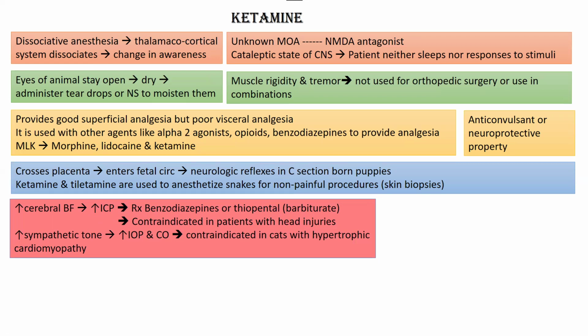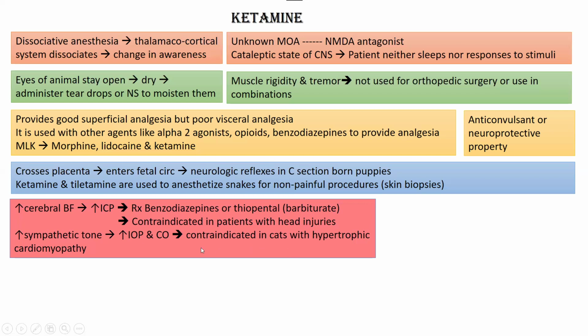Then ketamine also increases the sympathetic tone. That means it increases the intraocular pressure, the pressure in the eye, and cardiac output. As it increases the cardiac output, it is also contraindicated in cats with hypertrophic cardiomyopathy. What is hypertrophic cardiomyopathy? Those who are studying for board exams will for sure study in their medicine that hypertrophic cardiomyopathy, HCM, is a very common condition in cats.